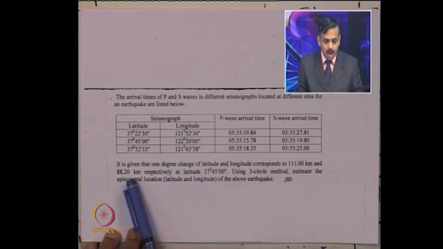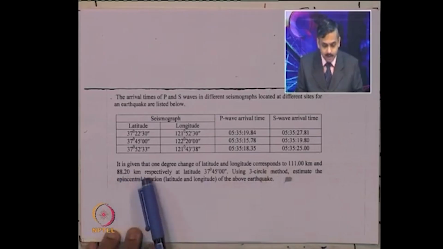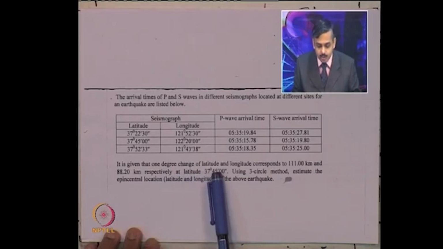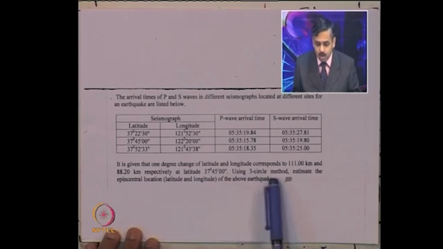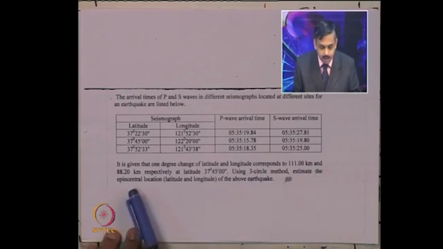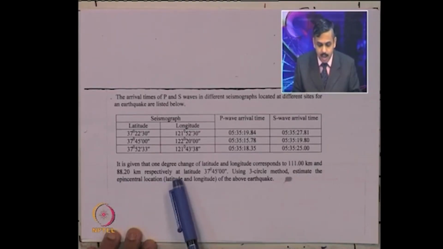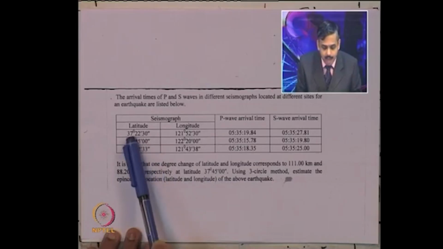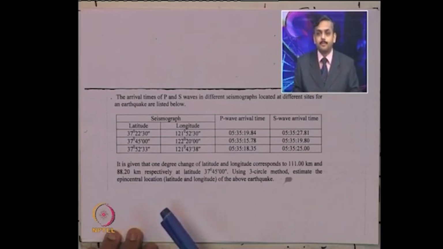So, what is asked is, it is given that 1 degree of change of latitude and 1 degree of change of longitude correspond to 111 kilometer and 88.20 kilometer respectively at the latitude location of 37 degree 45 minutes 00 second. That means, at the latitude location where seismograph number 2 is located.